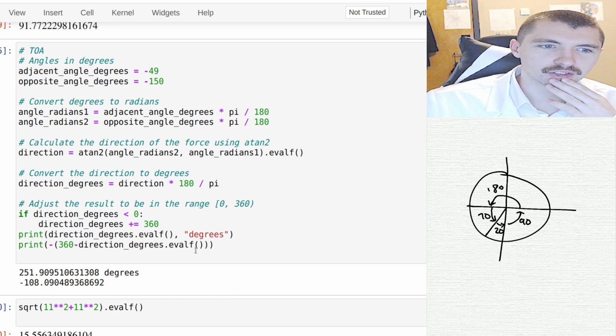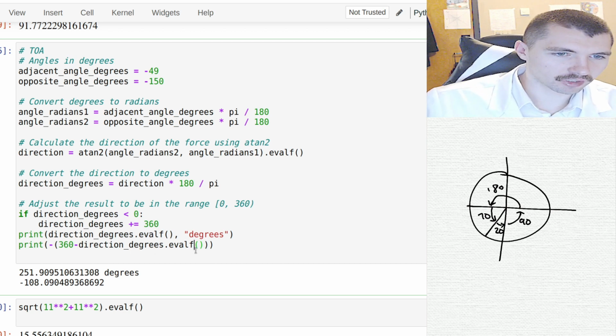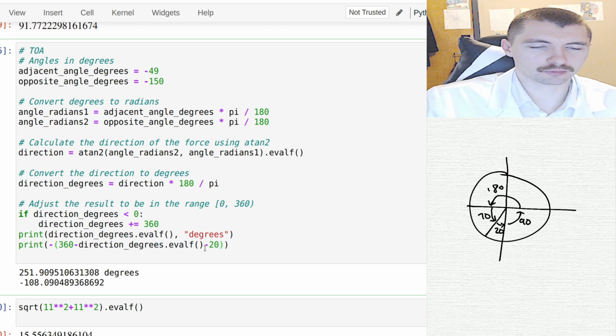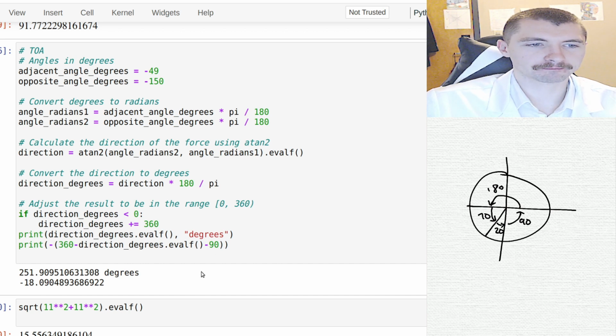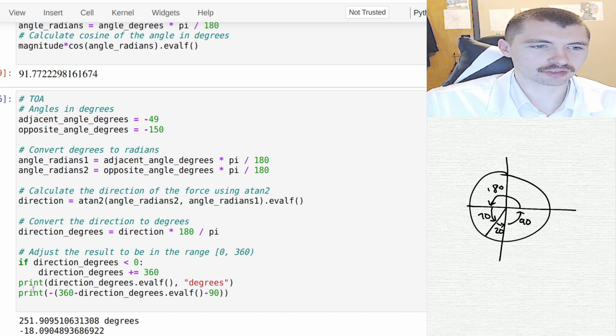Negative 108. Okay. 360 minus that, minus 90 degrees. Southwest, and then we get 18 degrees. So that's our answer. We had to really mess with it though.